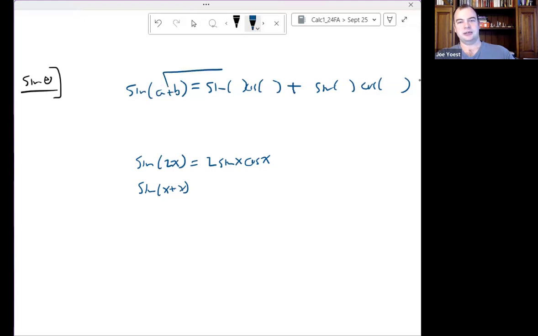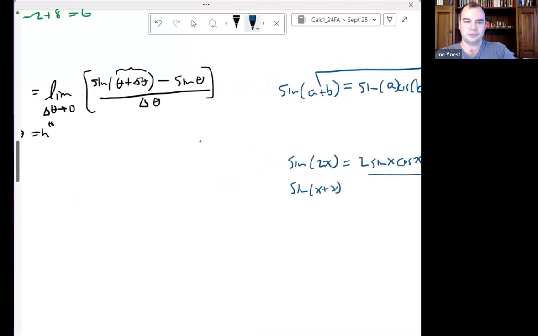So the sine of a sum of two angles is going to keep the sine, and it's going to mix the functions. Then A and B switch which function they're in from one term to the next. I actually don't remember the sine or cosine sum or difference formulas, because there are a lot of ways to get them mixed up. Some of them have minuses, and you have to get the right thing first and second. But I remember my double angle formulas, and I remember generally how these work.